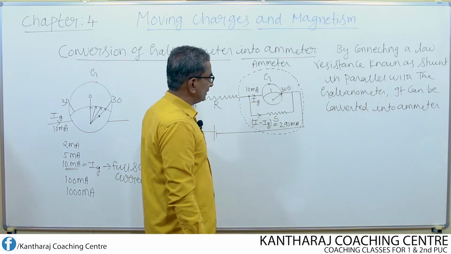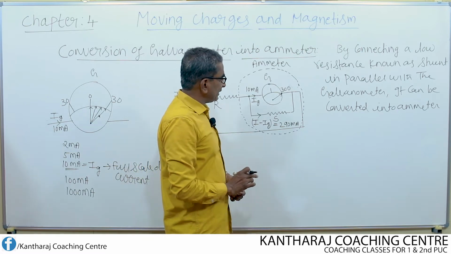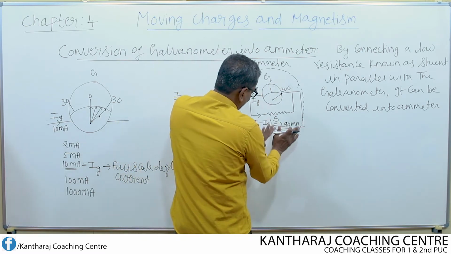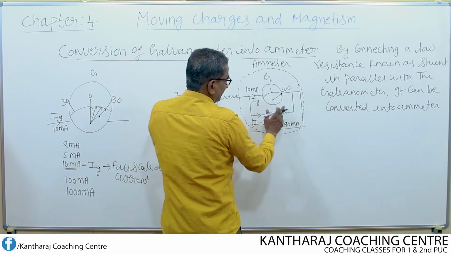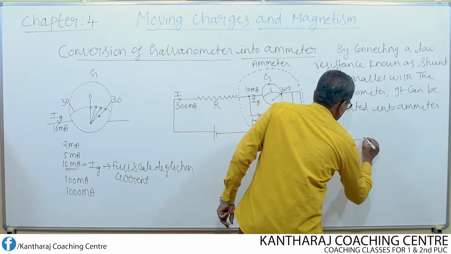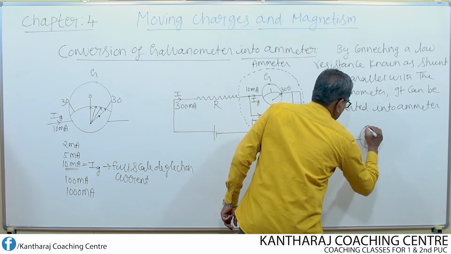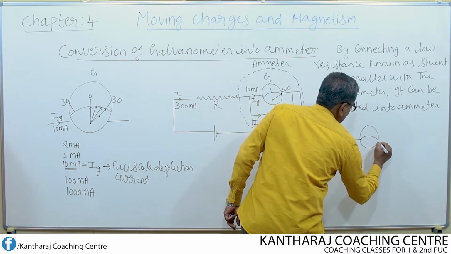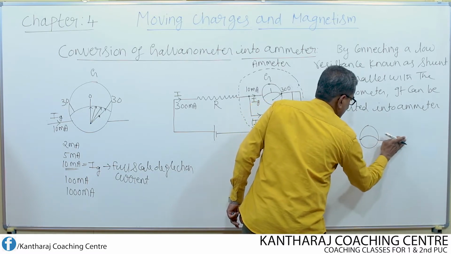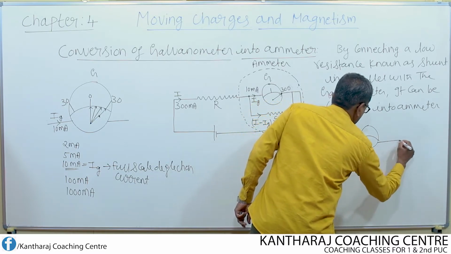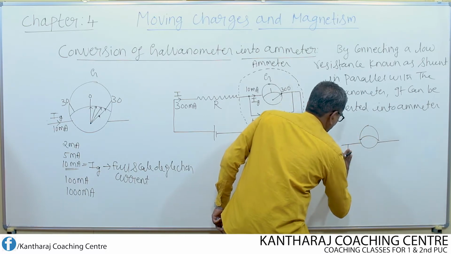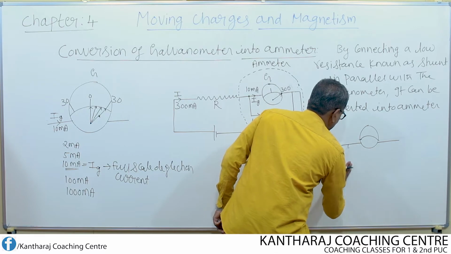Okay. In order to calculate now the shunt resistance, I write this figure once again, only this part, ammeter part separately. Look here. This is galvanometer. To this, what is connected? A low resistance shunt is connected.